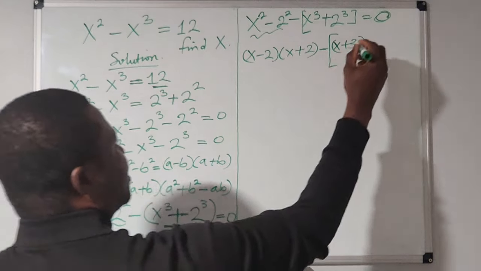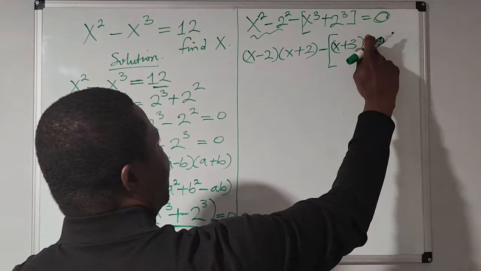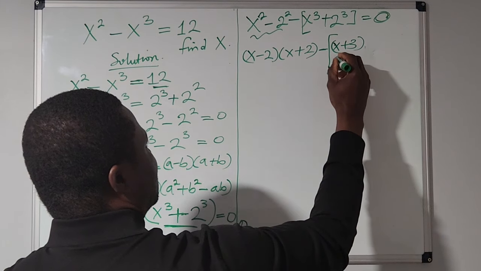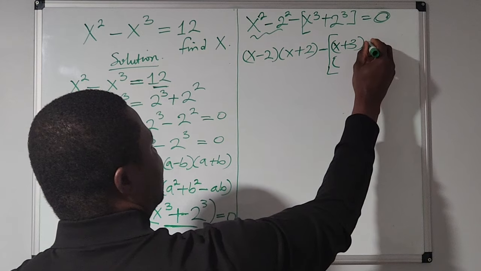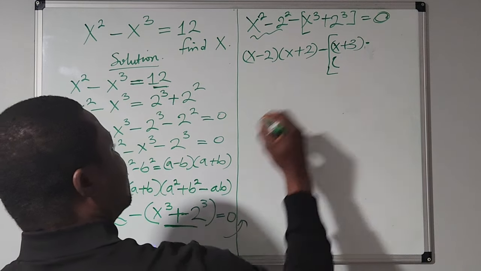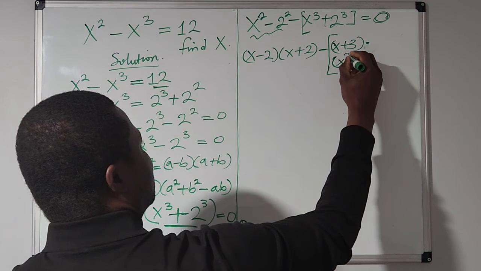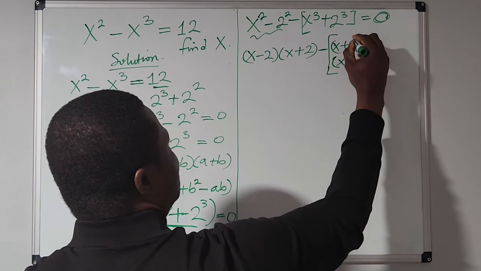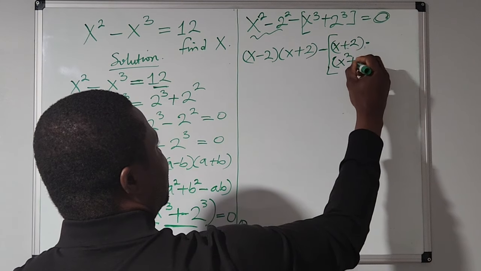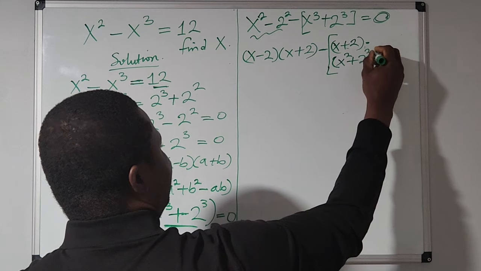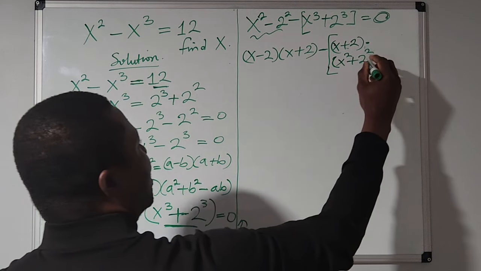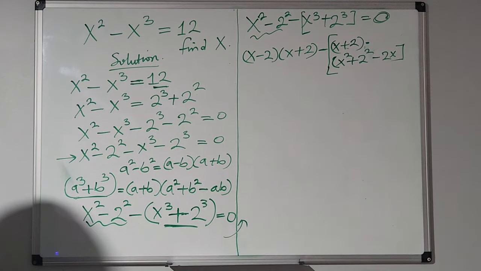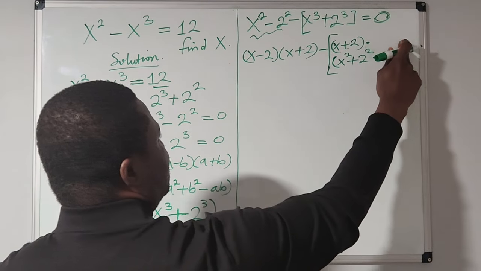And then this, we have that minor contained in there, so we'll just put it at the bottom. We have x squared, sorry, this is x plus 2, x squared minus 2x plus 2 squared. Okay.